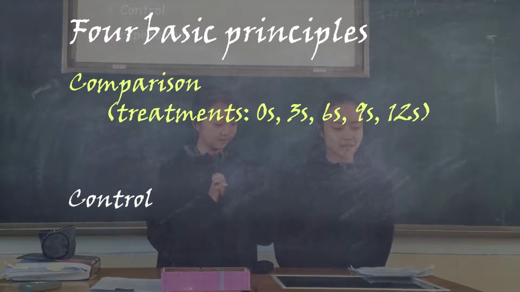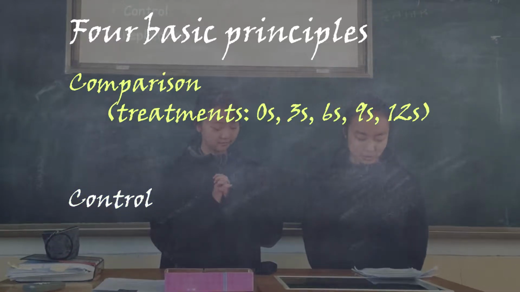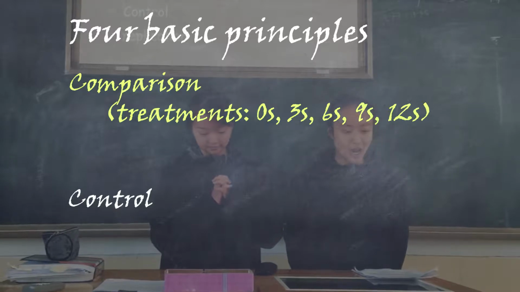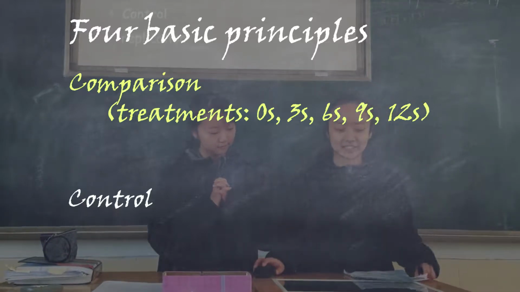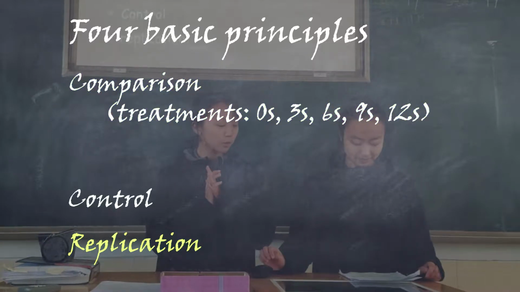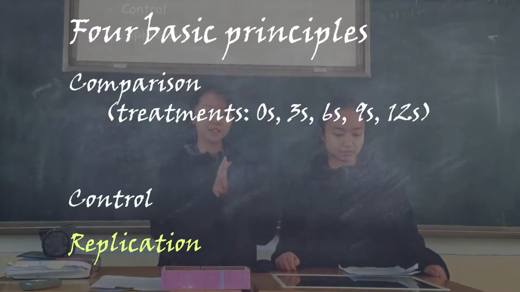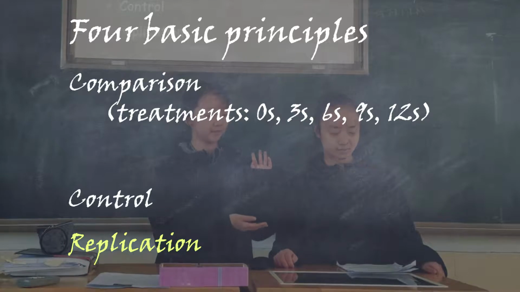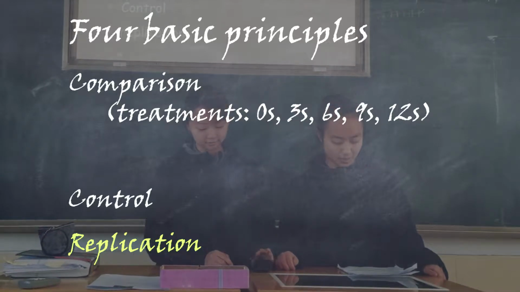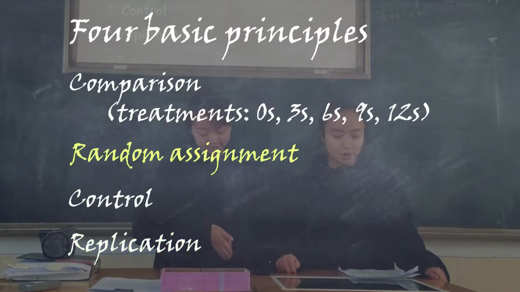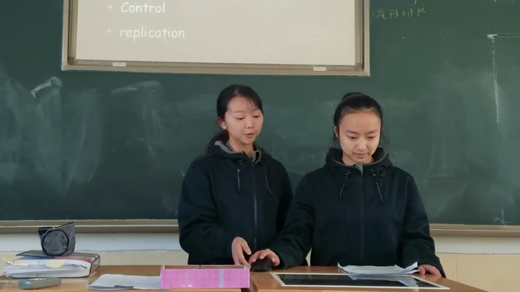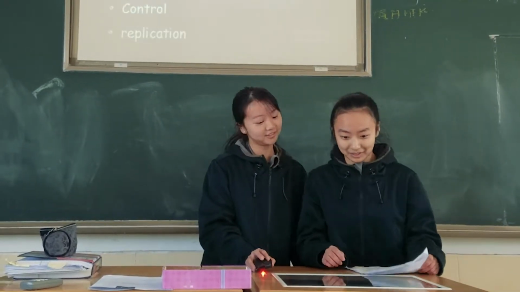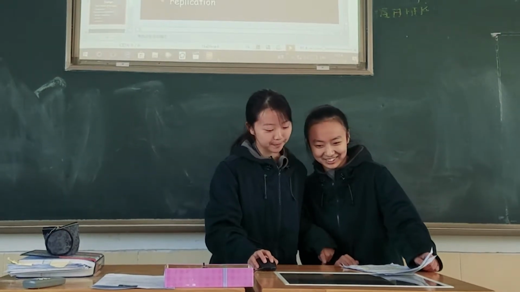We have 5 treatment groups decided by different tapping times: 0 seconds, 3 seconds, 6 seconds, 9 seconds, and 12 seconds. And for replication, we have 5 cans for each treatment group. Then we use the hat method to randomly assign them into the treatments. Next, we are going to see the video of the whole experiment.